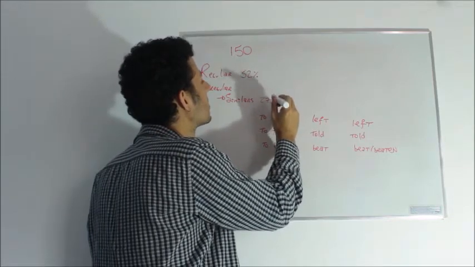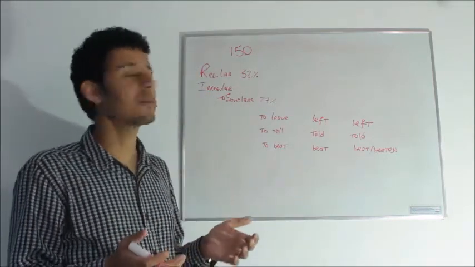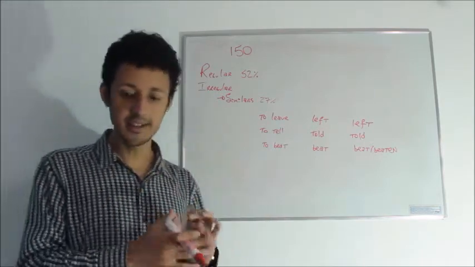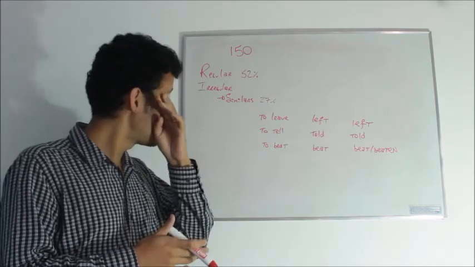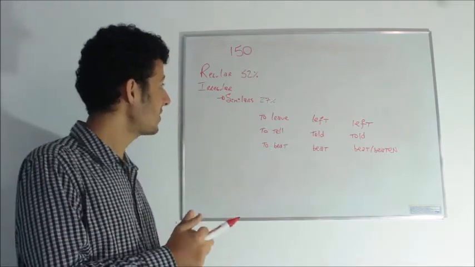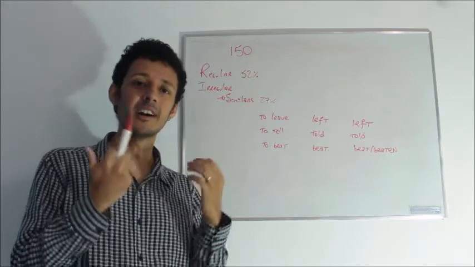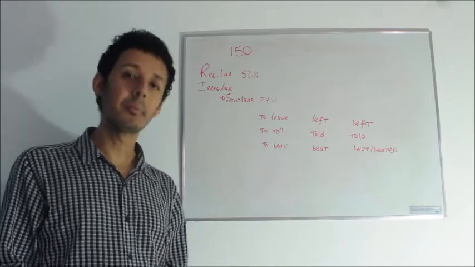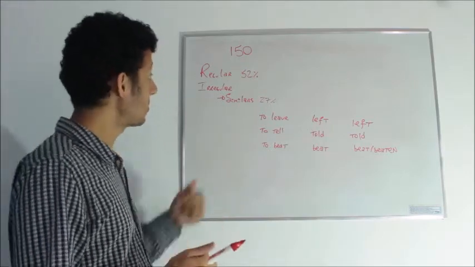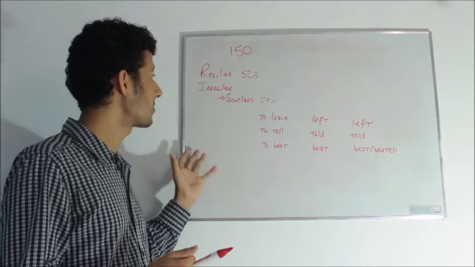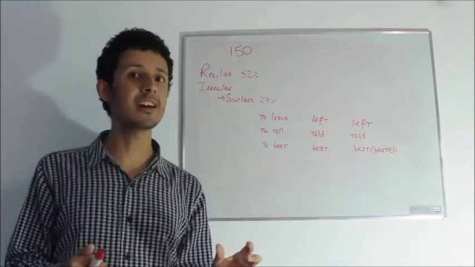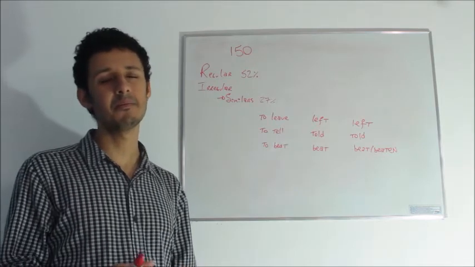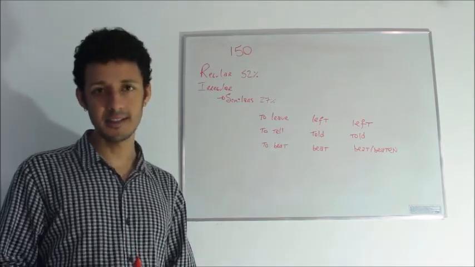Or better, let's round it up to 27%, just to be an entire number. So 27% of verbs are irregular, but they also have the same participle. So if we put this together, we know that we have 79% of the verbs that are basically easy to understand in the participle.